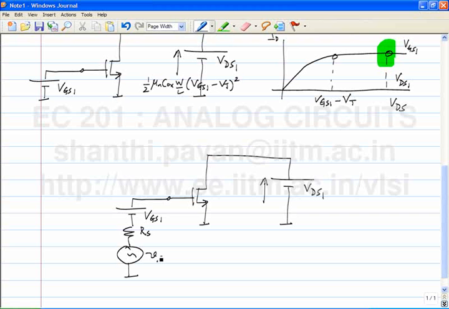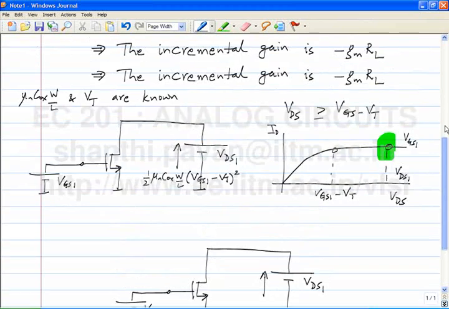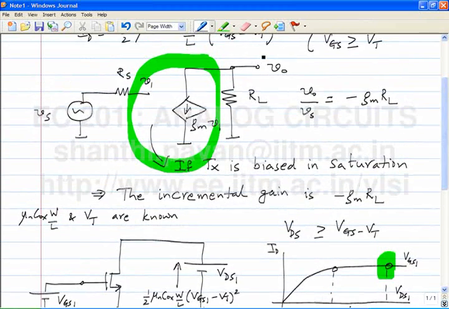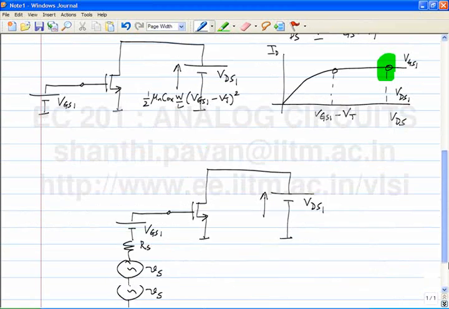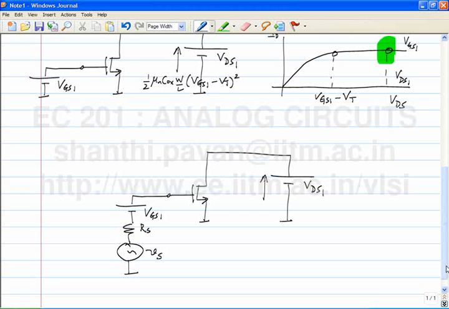So what would I do? I want the incremental circuit in the drain to look like this: RL in series with VDS1. Does everybody see this? If you look at this diagram and say I want to form the incremental equivalent circuit, what do we get?